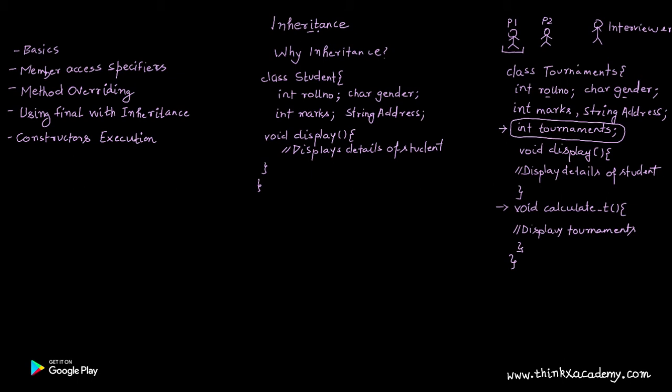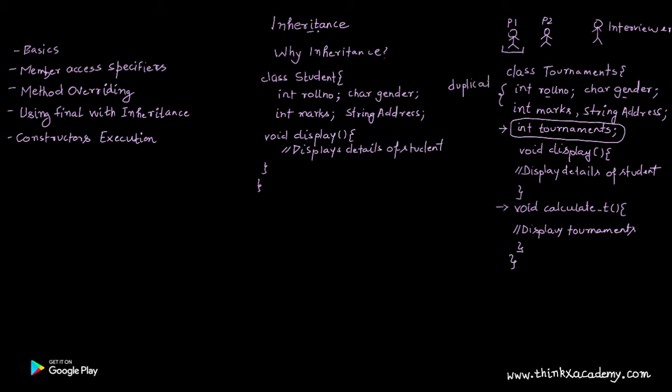So the interviewer gives a remark to the programmer 1. He says that you have already initialized all of these variables in this class, and now you're again initializing them here. So this is basically code duplicacy, or you can say duplicate code.